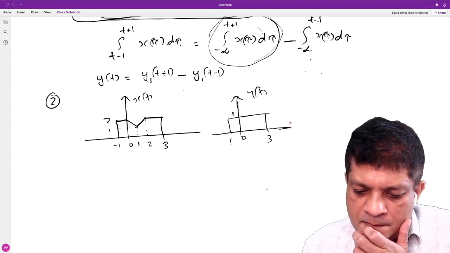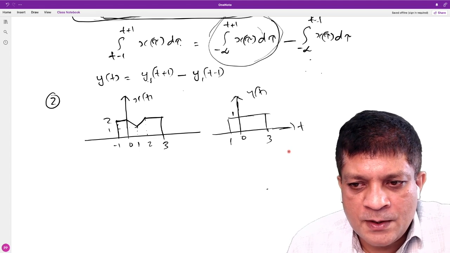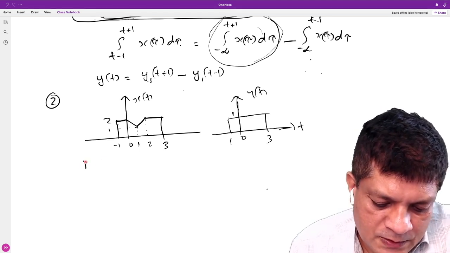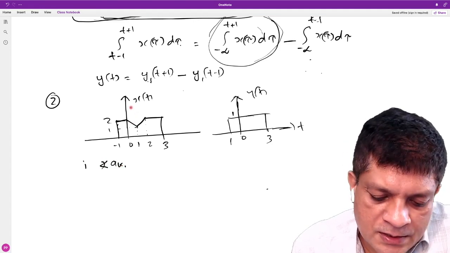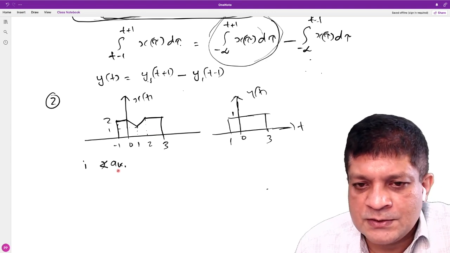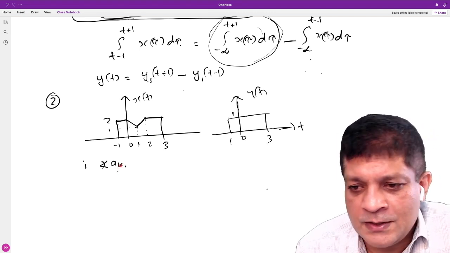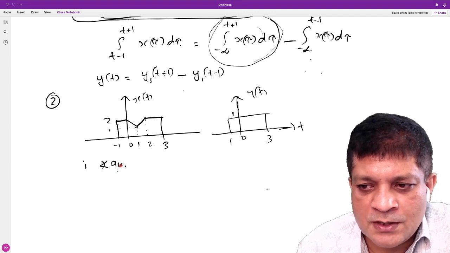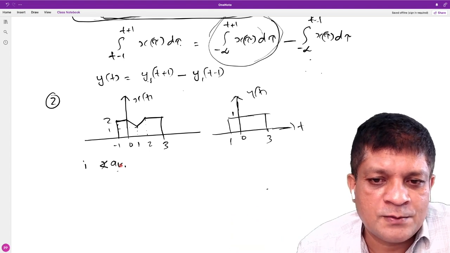This is 1. And read that question carefully. You have to find first the phase angle of a_k. a_k are the Fourier series coefficients of x(t). It is given that you should perform all these calculations without explicitly evaluating a_k and b_k.